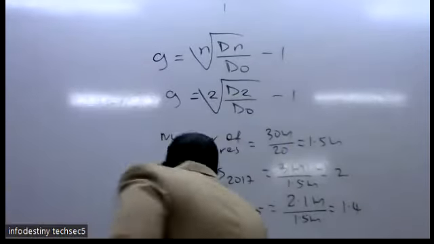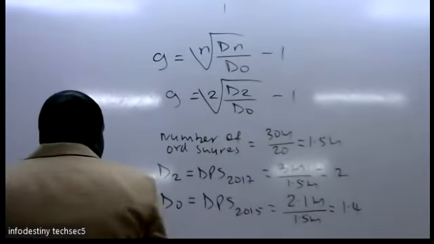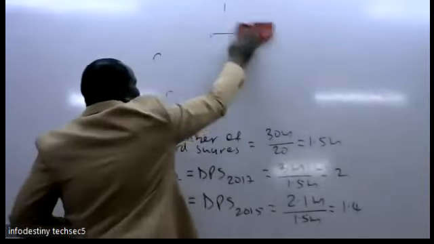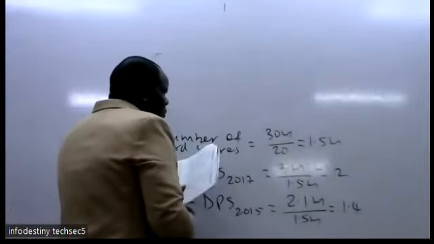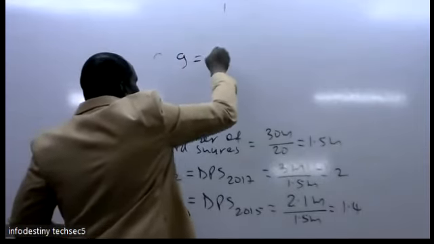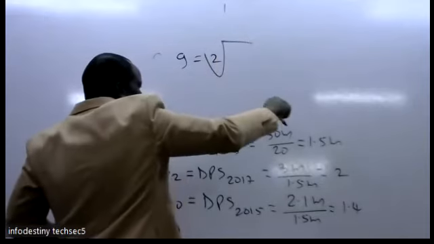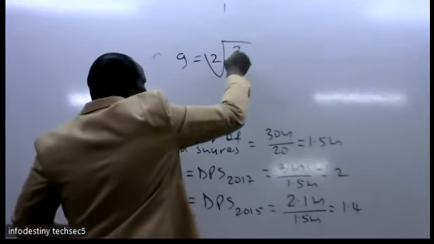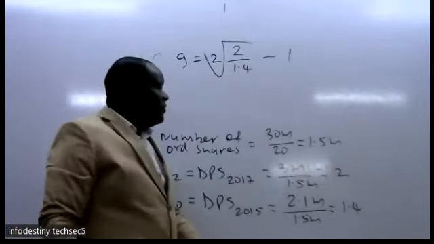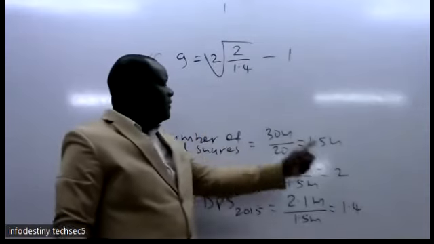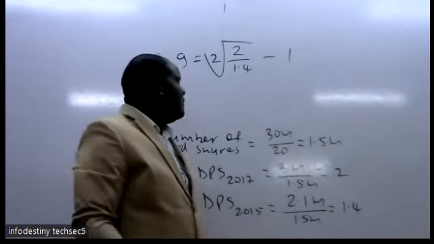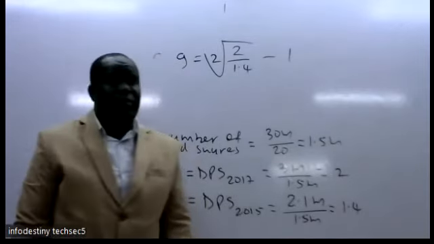After that, now we go back to our equation. We now compute our G. So G should now be equal to the square root of 2 divided by 1.4, minus 1. Our dividend per share in the year 2017 is 2. Our dividend per share in the year 2015 is 1.4. So now N is also 2.